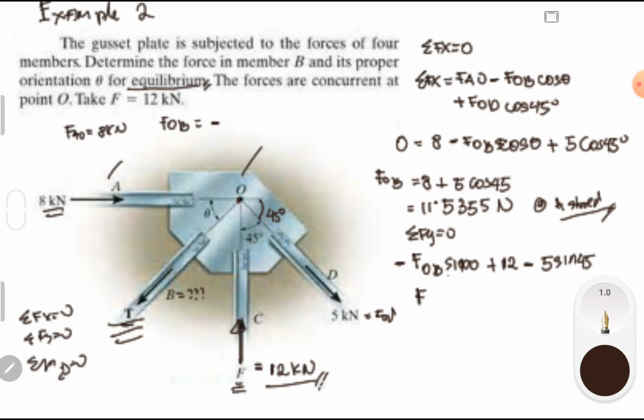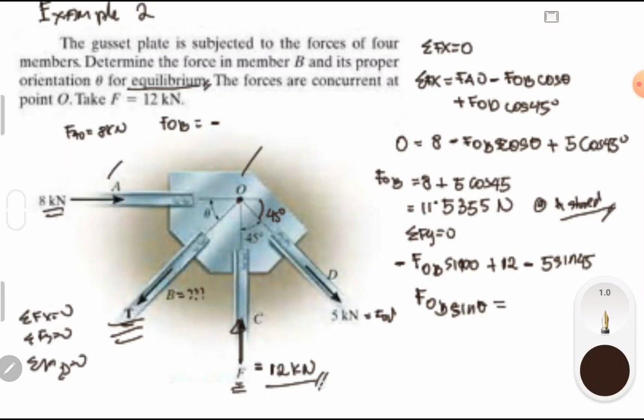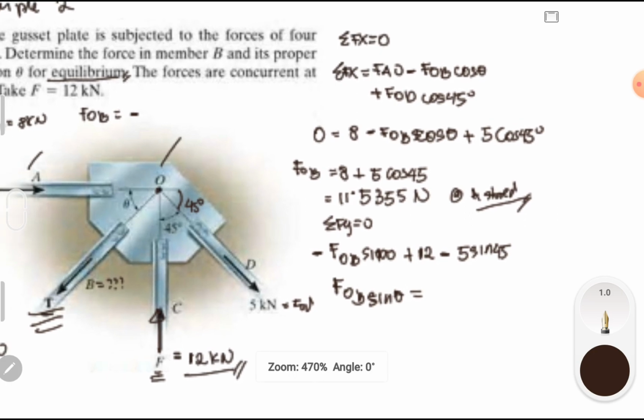Take note that our FOB is equal to FOB sine theta. So you just transpose that, 12 less 5 sine 45.